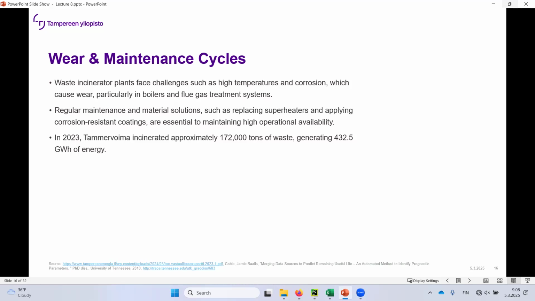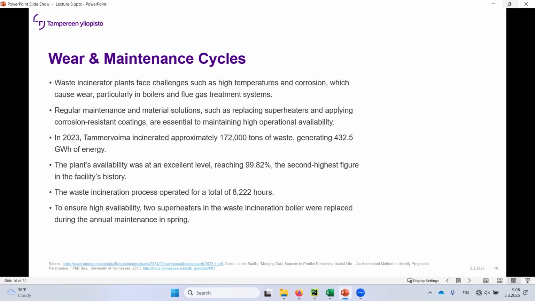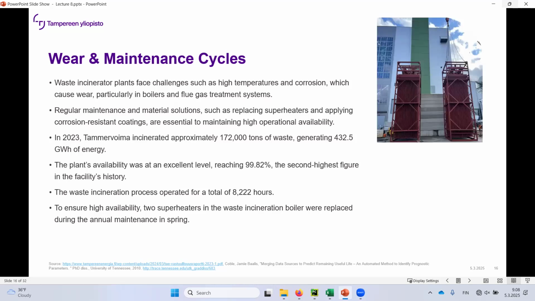So all of these plants have their own maintenance cycles, but this is a good example since it's from Tampere, and what they had to do in Tammervoima was to ensure high availability. 2 superheaters in the waste incineration boiler were replaced during the annual maintenance in spring, and that's the superheaters in the pictures. So those were replaced in Tammervoima. And additionally, there was some Inconel coating in the boiler to ensure higher availability.